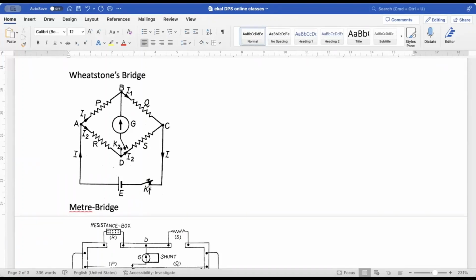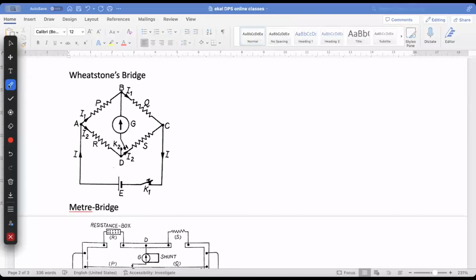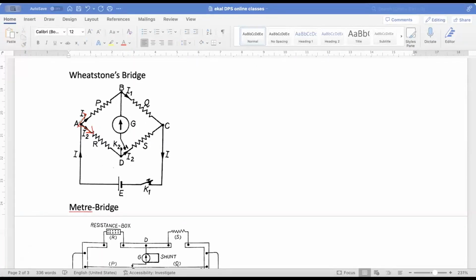When we press the key K1, current I will start flowing from the cell. Here at A, this current is divided into 2 parts, I1 and I2. One part I1 flows through arm AB, and the other part I2 flows through arm AD.